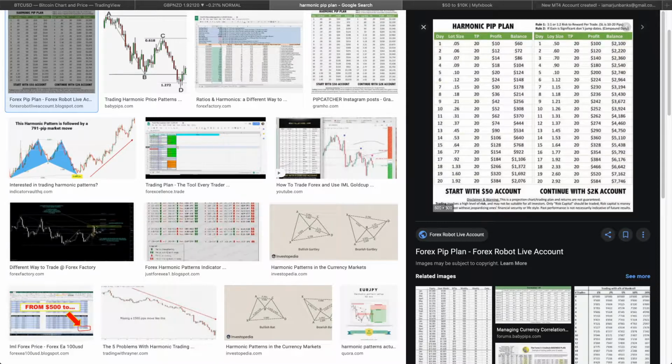The goal is to risk this amount. They have a profit target every day, but I will have more of a risk target and use that risk target to grow into profit, because they use a 20 pip stop to a 20 pip reward, or a 20 pip stop to a 40 pip reward.